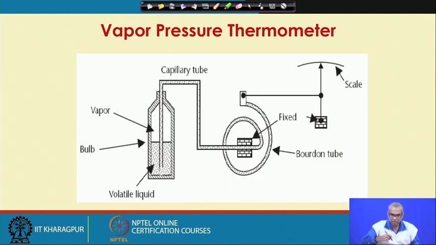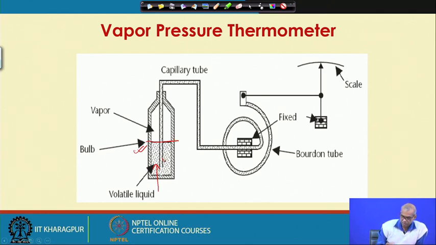So, this is a schematic of the vapor pressure thermometer. We have the bulb. Inside we have taken a volatile liquid, and you have the liquid and vapor interface in the bulb.